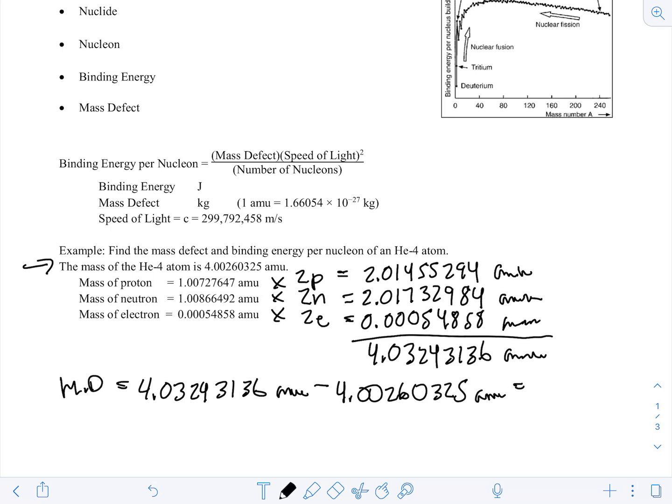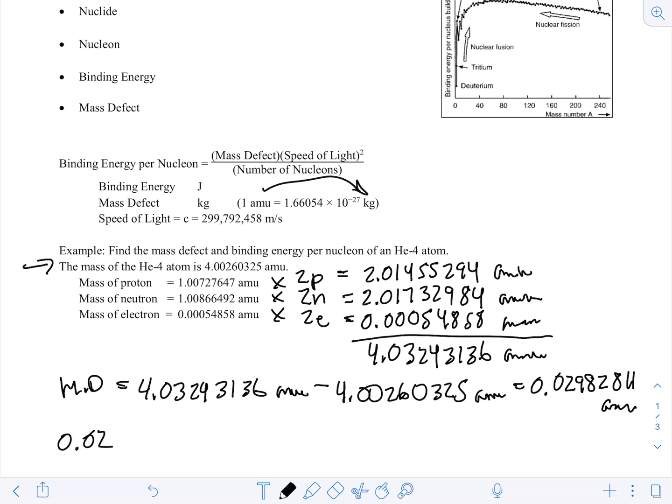And when you subtract the two of them, you get 0.02982811 AMU. Now we want to convert it from AMU to kilograms, so we're going to use this relationship.